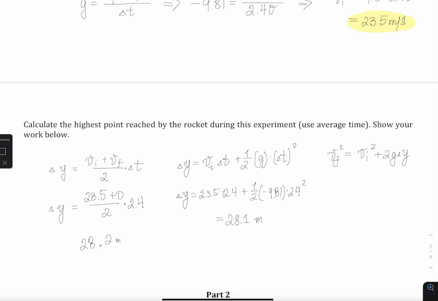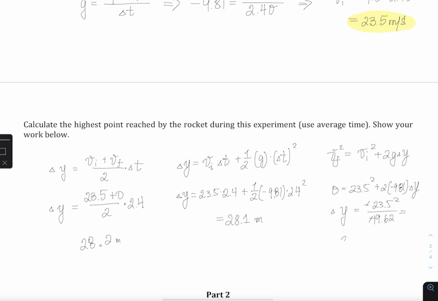And then v final squared, here I have 0 equals 23.5 squared plus 2 times negative 9.81 times change in y. So then change in y is going to be negative 23.5 squared over negative 19.62. You can forget the negatives. So it's just 23.5 squared divided by 19.62.